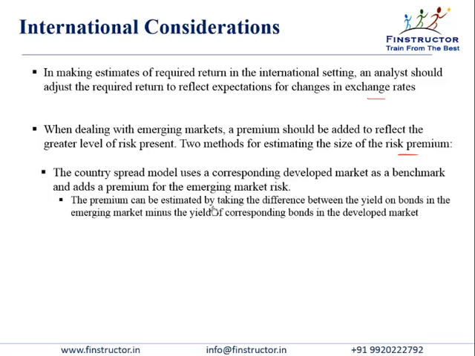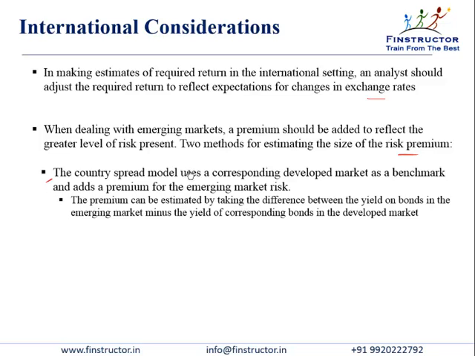And that premium was calculated by taking the difference of the yields on the dollar denominated bonds of the developing market, minus the yields of the bonds in the developed market. We remember the country risk premium is what we added. So this is the first model.